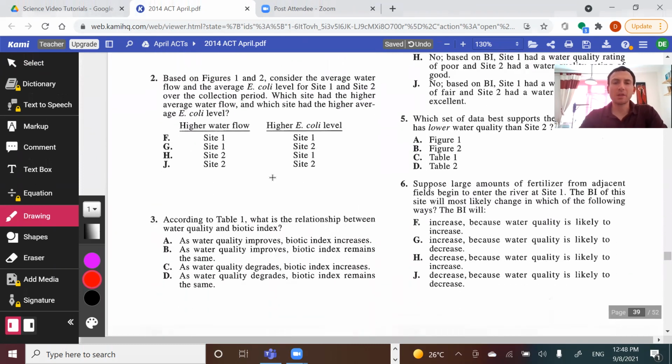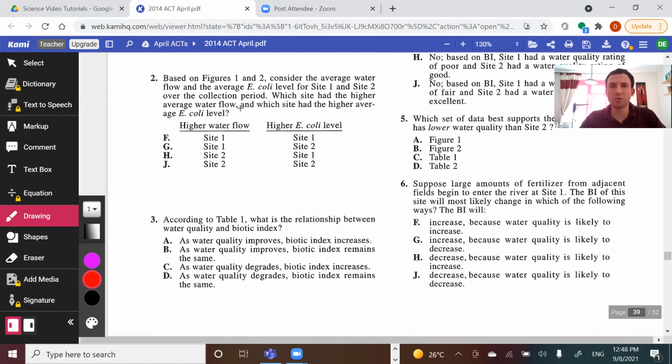Okay. Based on figures 1 and 2, consider the average water flow and the average E. coli level for site 1 and site 2 over the collection period. Which site had the higher average water flow and which site had the higher average E. coli level? Okay, so it's asking us a lot at once, but again, it's just locating data. And for these, I figured let's just do half of it at a time.